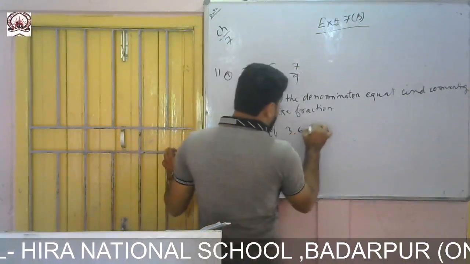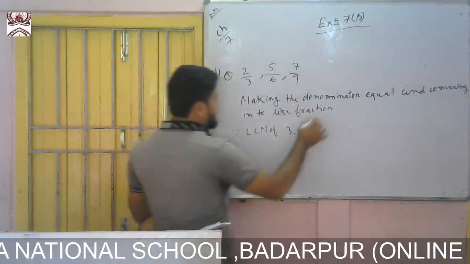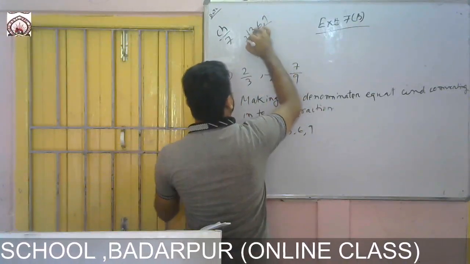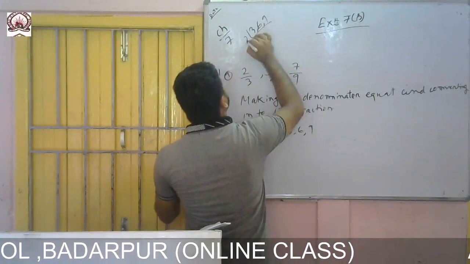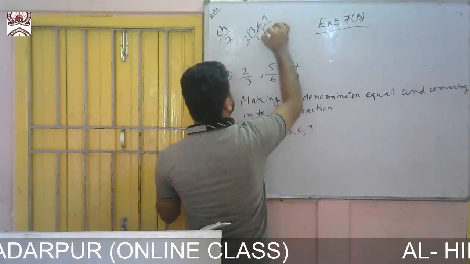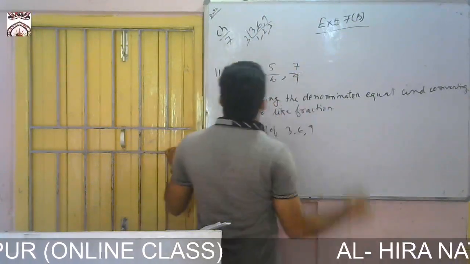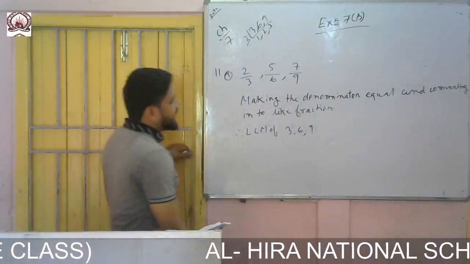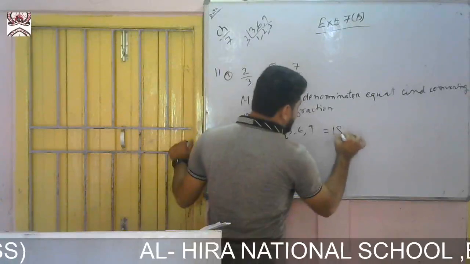Therefore, first take the LCM of 3, 6, 9. LCM will be what? With 3: 3 ones are 3, 3 twos are 6, 3 threes are 9. So LCM is 3 twos are 6, 6 threes are 18. 18.